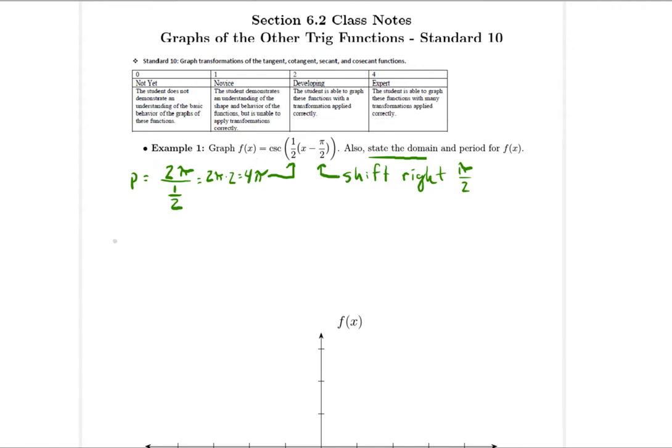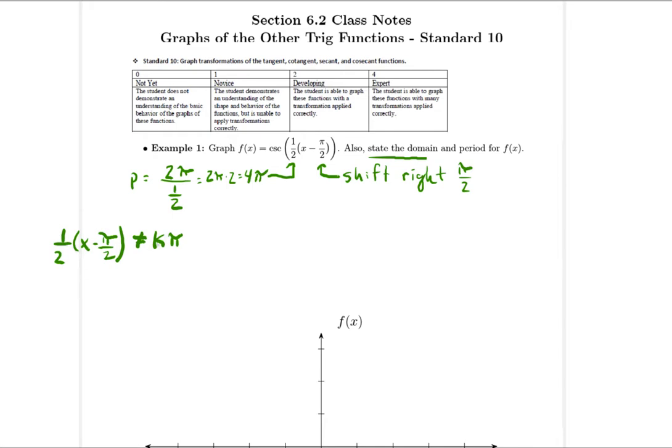And so remember from our video notes that the argument for what's inside of a cosecant can't be equal to a multiple of pi. And so what we can do to solve this thing is we can go ahead and set the inside and say that can't equal k pi, and then we can solve for that.